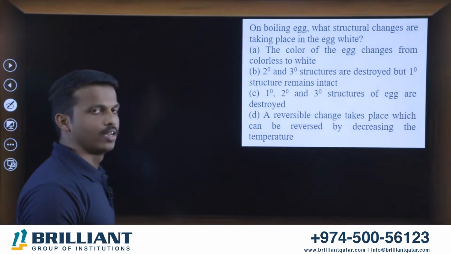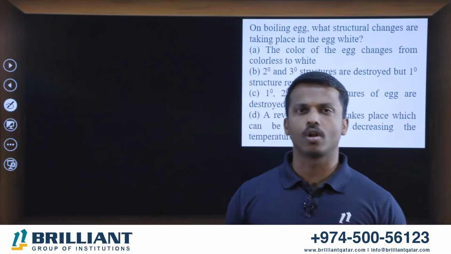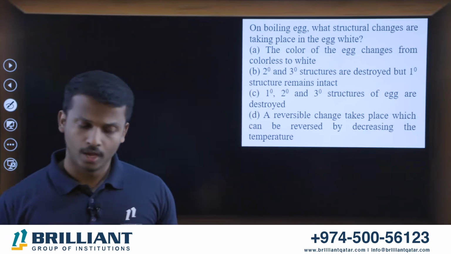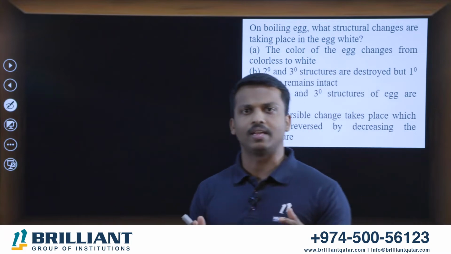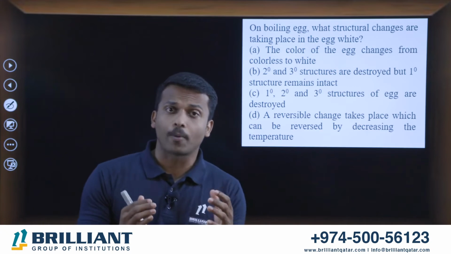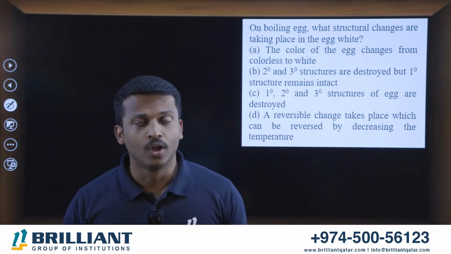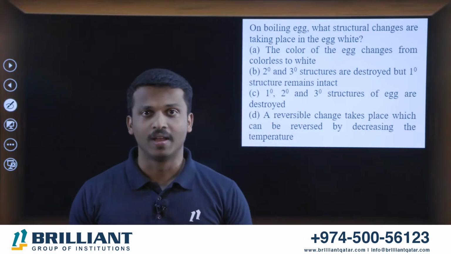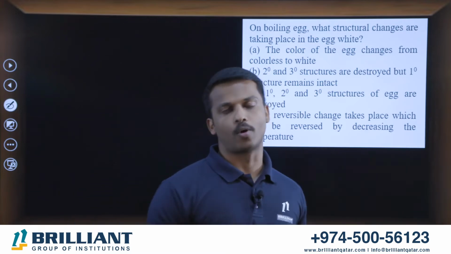On boiling egg, in the chapter biomolecules, we studied the process called denaturation of protein, right? What is meant by denaturation? A protein with a perfect biological structure and biological activity is called native protein. When this native protein is subjected to any physical change, like change in temperature, or chemical change, like change in pH, the native protein completely changes to denatured protein.